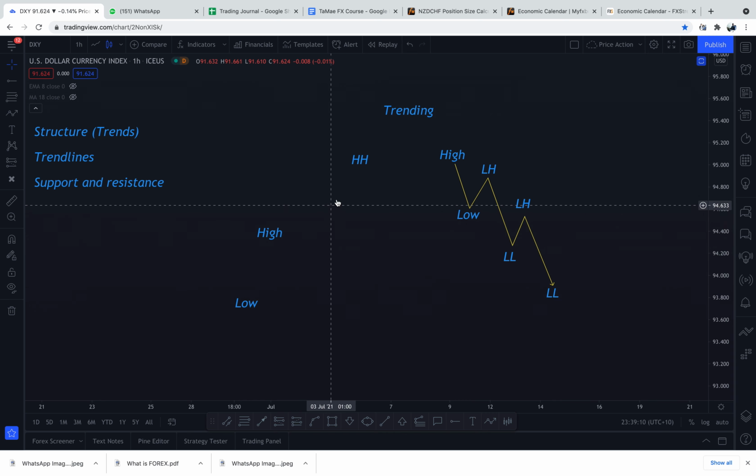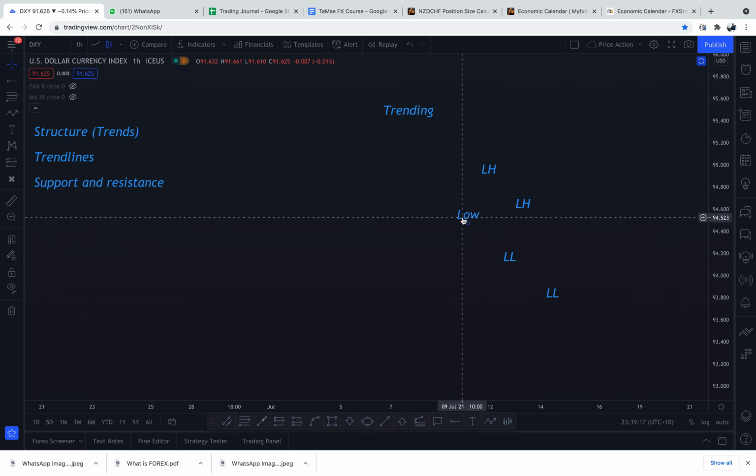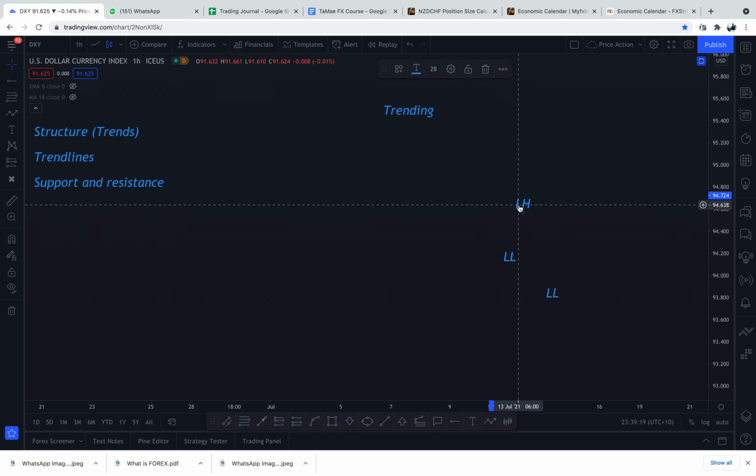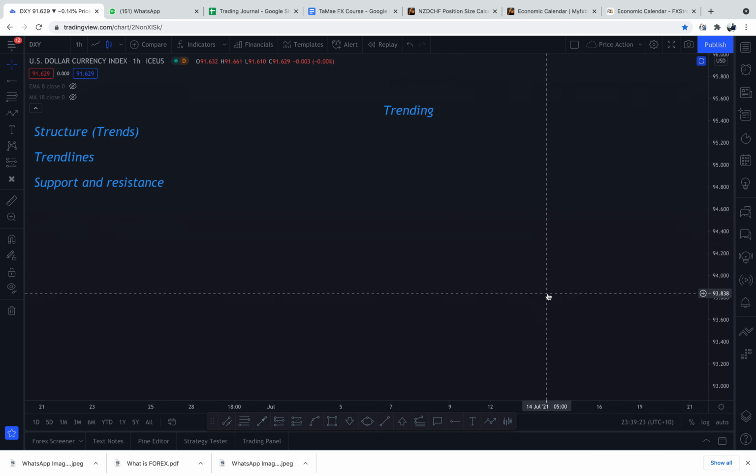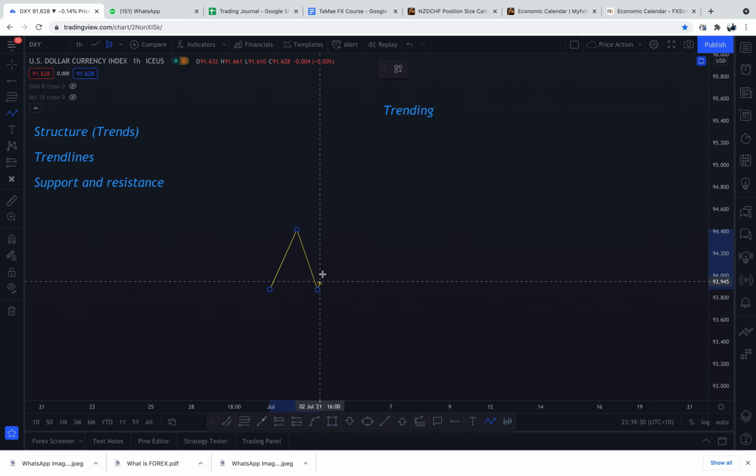Let me just delete this. We have a ranging market. So a ranging market is when price is moving sideways. Okay, let me just delete this. When price is moving sideways, it goes up and comes back down, goes up, comes back down, goes up, comes back down.